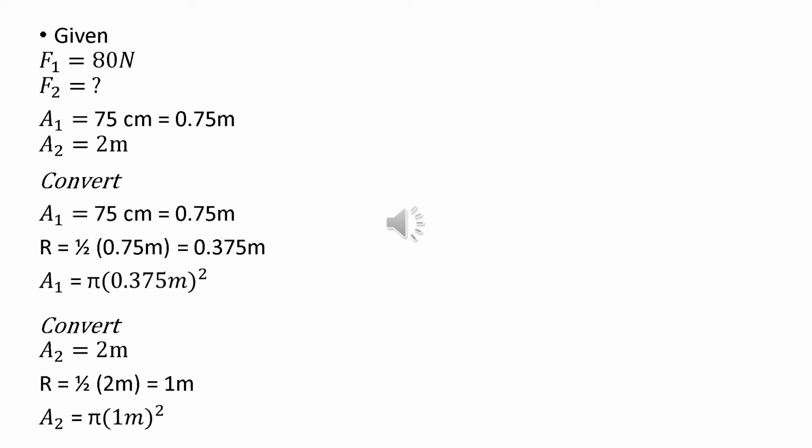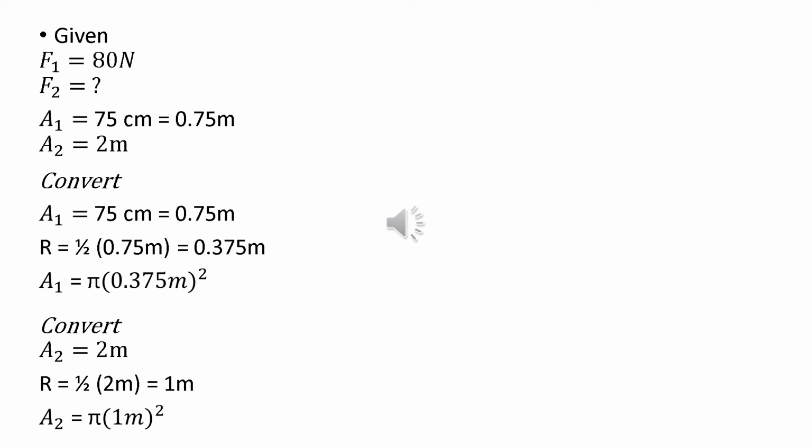Now, the diameter for area 1 is 0.75 meters, right? The formula for radius is R equals 1/2 D, or one half multiplied by the diameter. Meaning the radius is equal to 0.5 multiplied by 0.75 meters, which equals 0.375 meters.